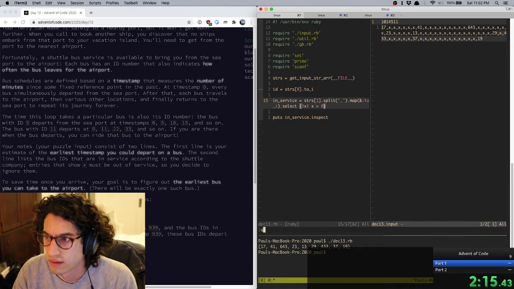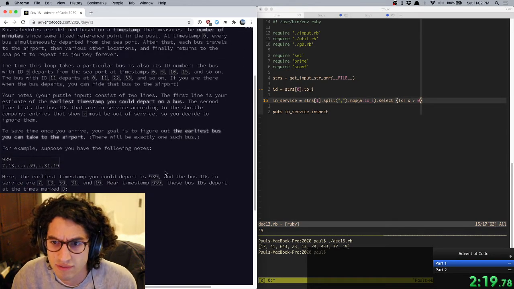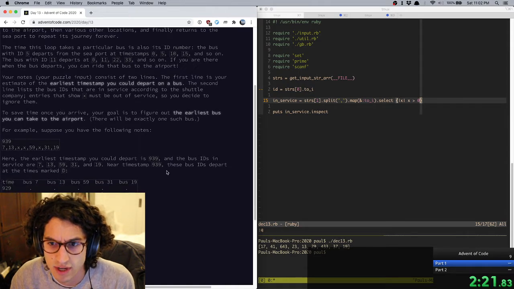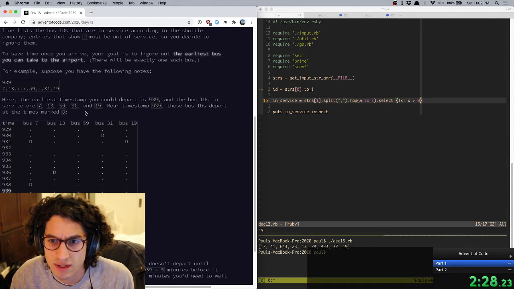You can save time once you arrive. Your goal is to figure out the earliest bus you can take to the airport. Here the earliest timestamp you could depart is 939.